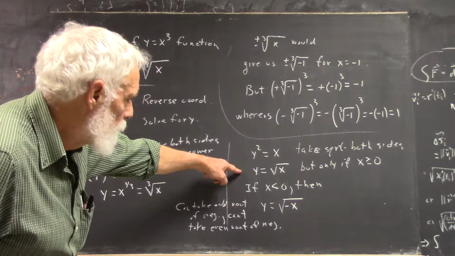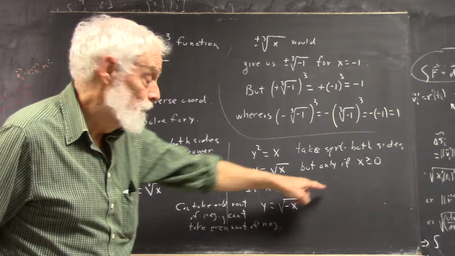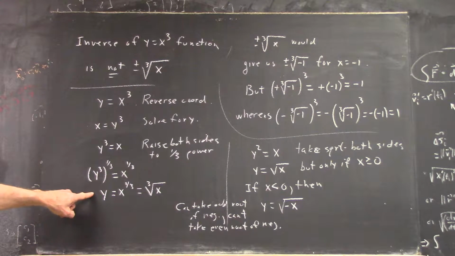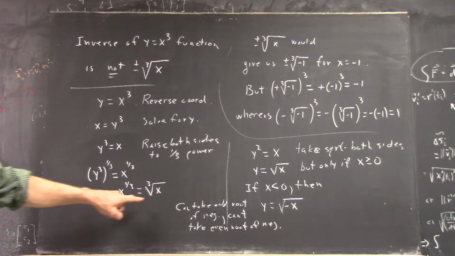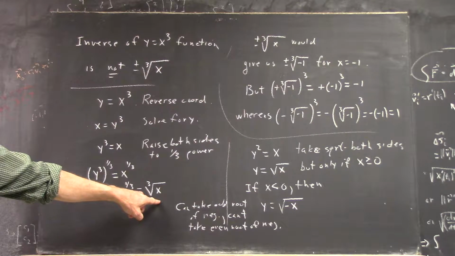So that you don't have this restriction when you take a 1/3 power. Doesn't matter if x is positive or negative, you can take it.